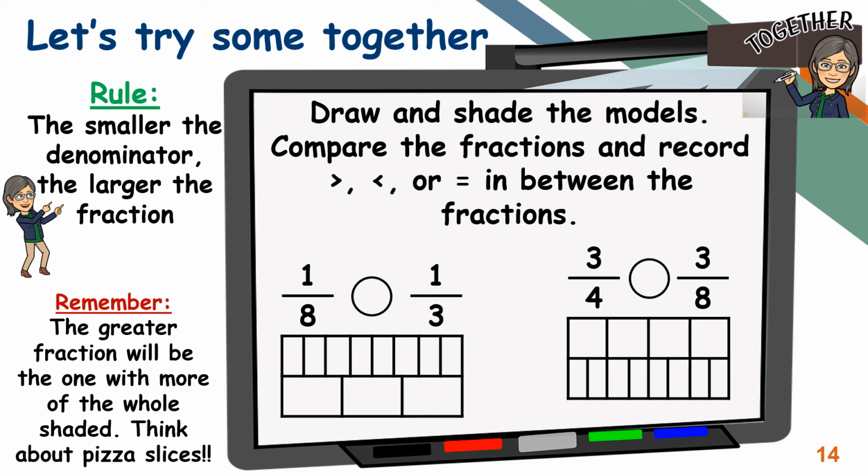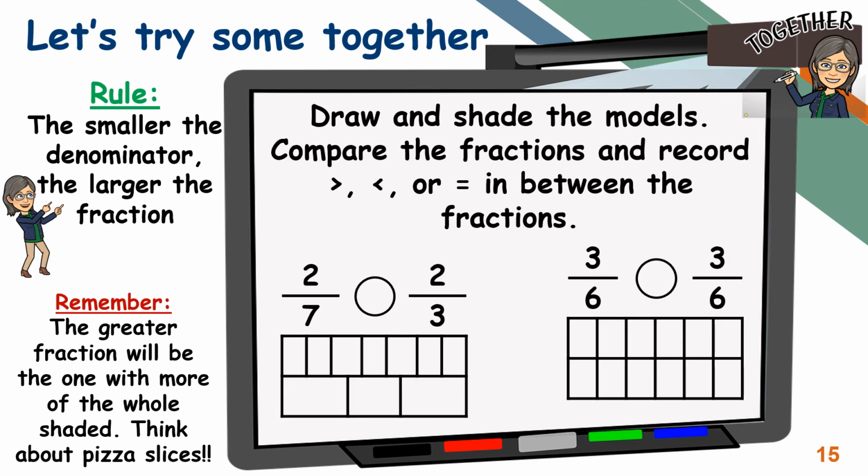On the left, you see that 1/8 is less than 1/3 because 1 out of 8 pieces shaded is less than 1 out of 3. On the right, 3/4 is greater than 3/8 because 3 out of 4 pieces shaded is greater than 3 out of 8 pieces shaded.